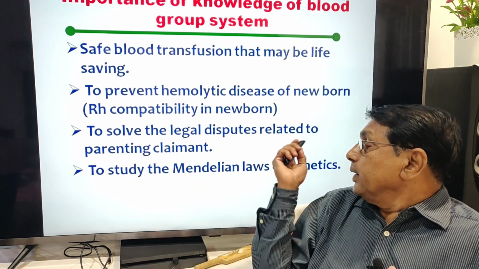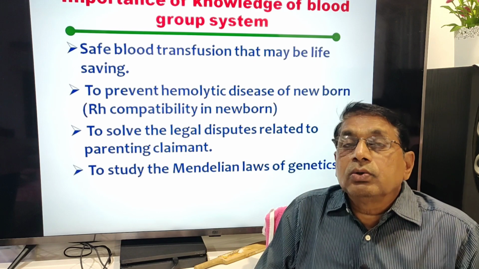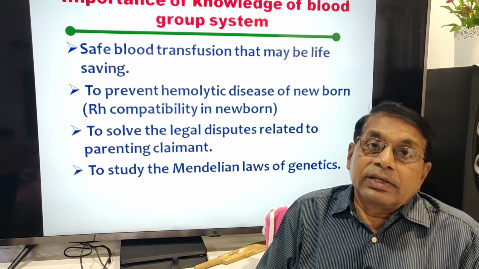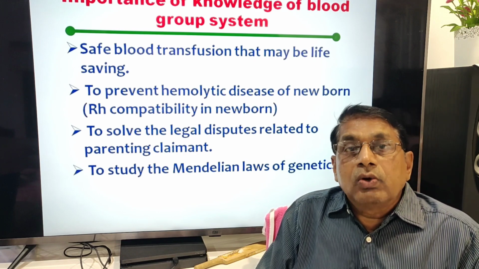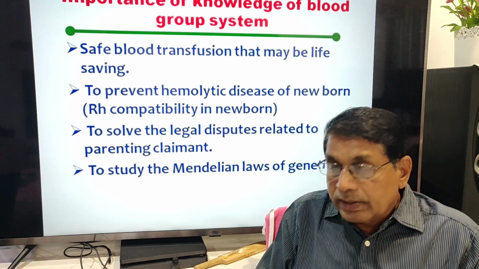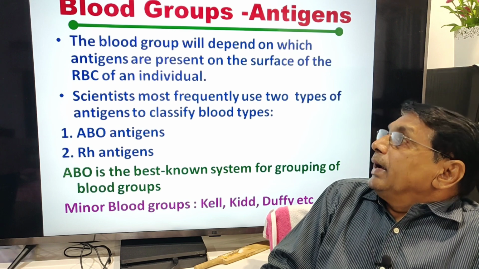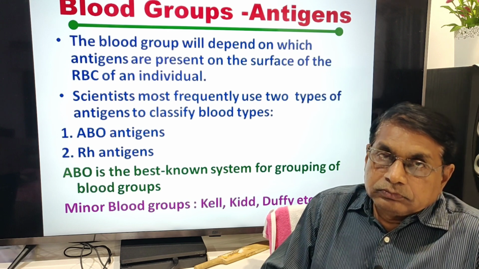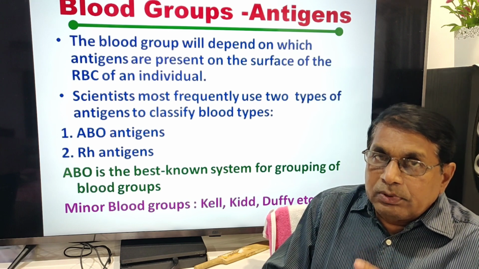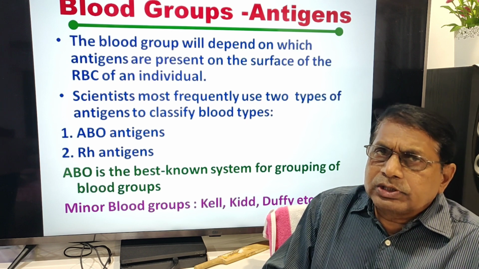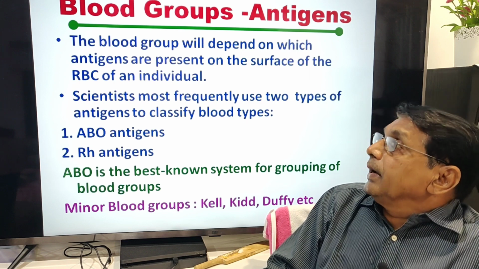To study the Mendelian laws of inheritance, how this blood group system is inherited from parents to offspring, from one generation to another generation. Blood groups, antigens. The blood group system, ABO group or even RH system, is determined by antigens.